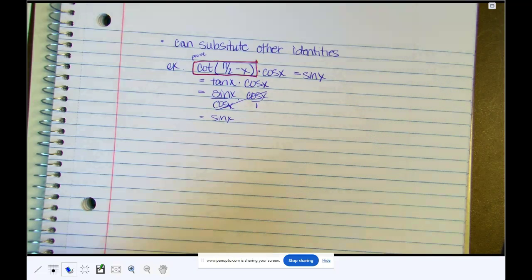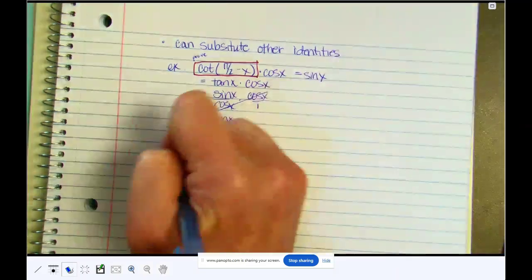So try this one. Oh no, try this one. Okay, let me give you another example of this though. So let's say, I have to think about this. Here's another example.